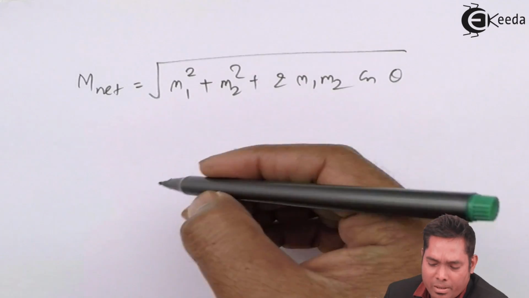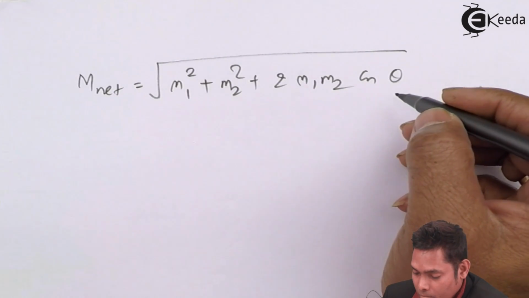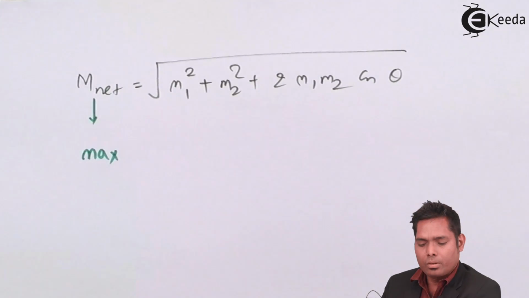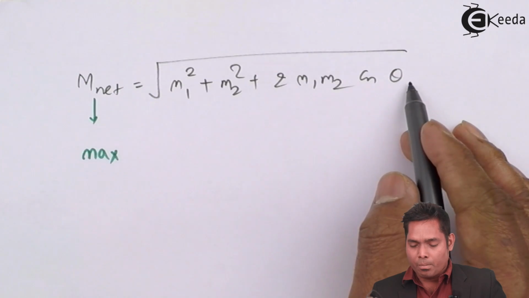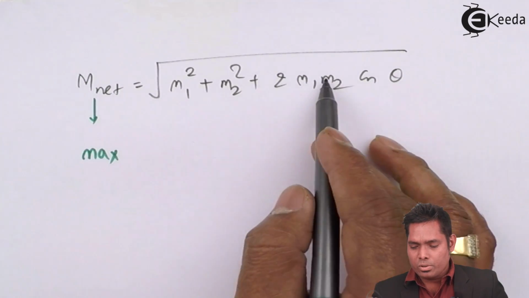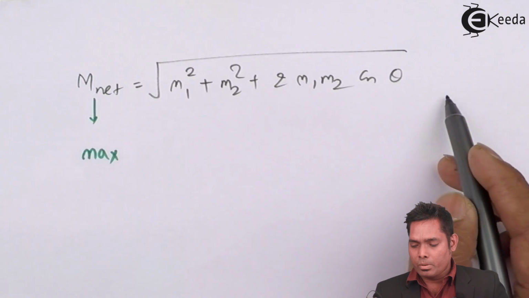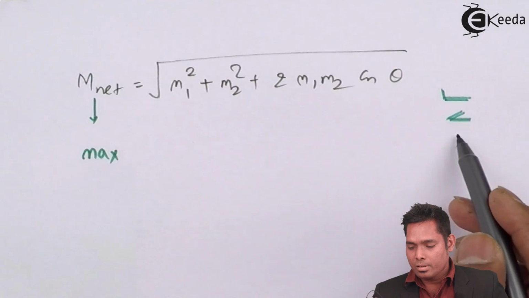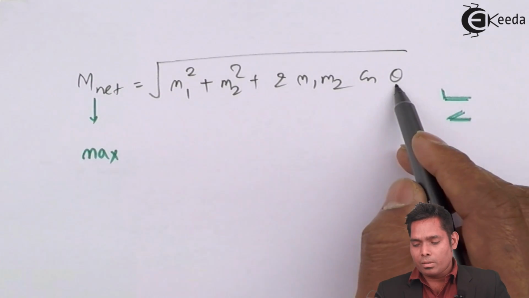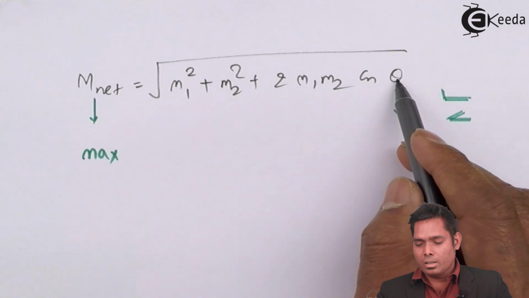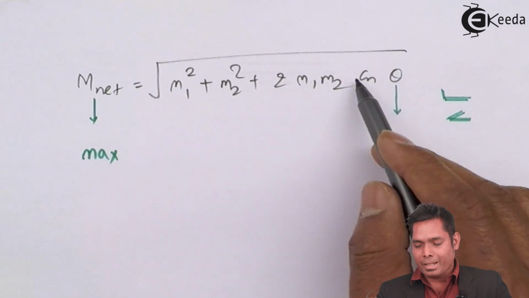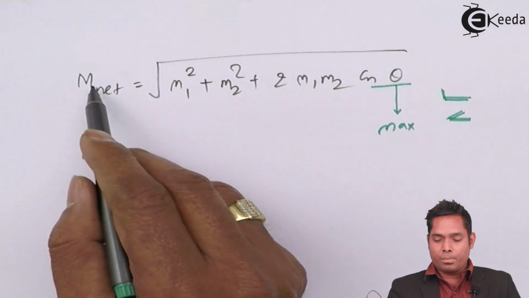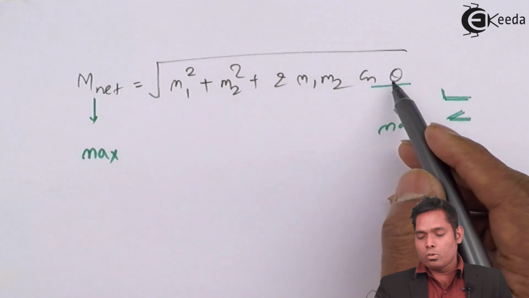Basically M net becomes maximum when this expression becomes maximum. We cannot change these values, only theta is changing between the magnets. We are only changing the angles and nothing else. So this is one variable, and M net is maximum when cos theta is maximum.